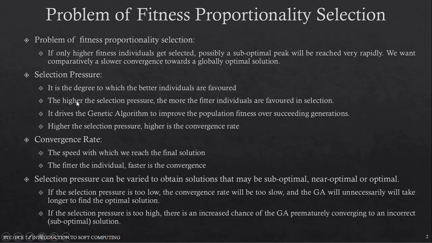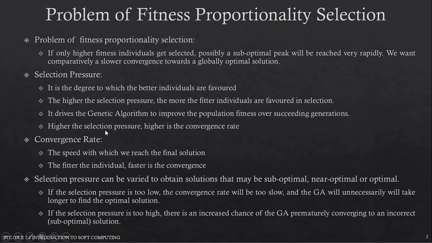How much are we favoring the selection of a fitter individual? The higher the selection pressure, the more the fitter individuals are favored in selection. This selection pressure drives the genetic algorithm to improve the population fitness over succeeding generations.